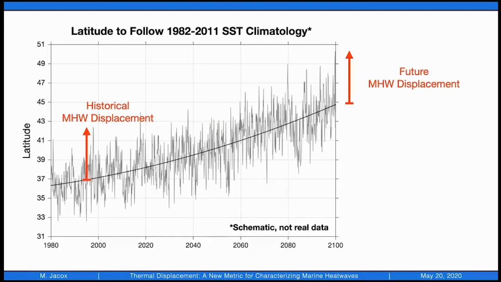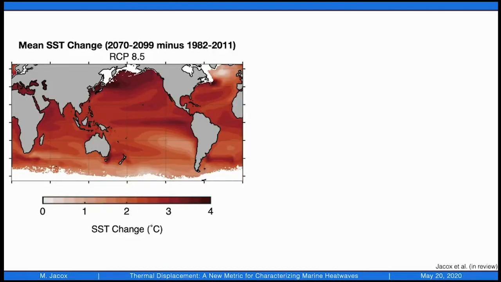Okay, and actually the way that I'm looking at this is not to look at the change in thermal displacements due to changes in the variance. It's actually just to look at changes in thermal displacement due to the mean changes in temperature. So if you look at future projected SST changes, this is just the CMIP5 ensemble mean under the RCP 8.5 scenario, end of century minus our historical climatology.